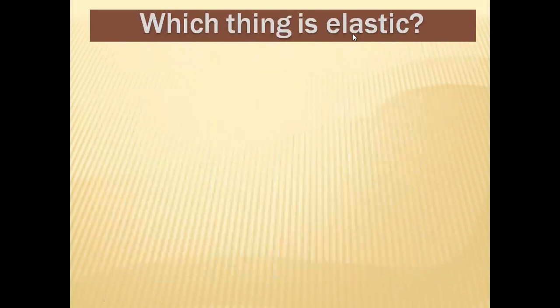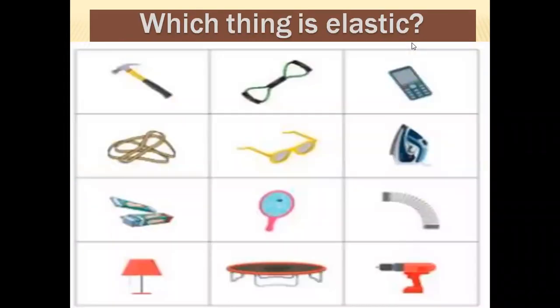Okay, which things are elastic? Here are some of the things you can see on your screen. Some of these things are elastic and some of these things are not elastic. So let's see. Okay, hammer is not elastic.